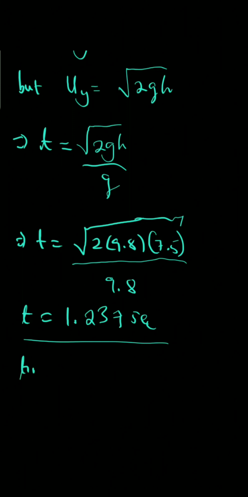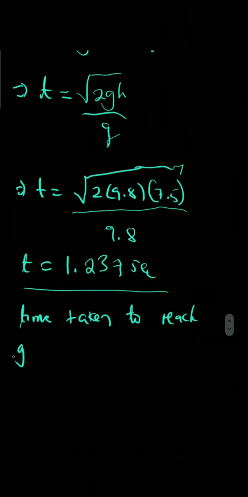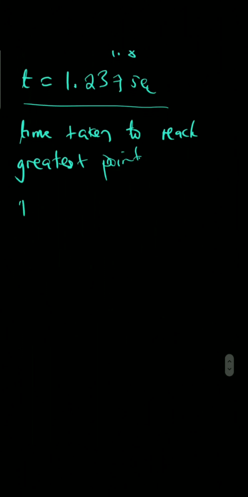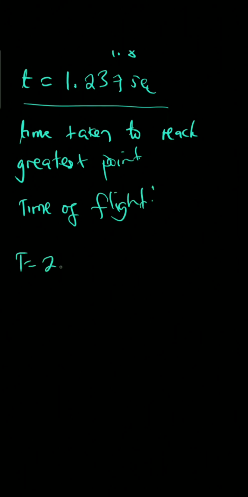Now our main aim is to find the angle of projection. So we really need to find the total time taken. This time we've obtained is the time taken to reach the highest point. So to find the time taken for the whole trajectory, which is the time of flight, we need to note that the time of flight is always twice the time taken to reach the greatest point.